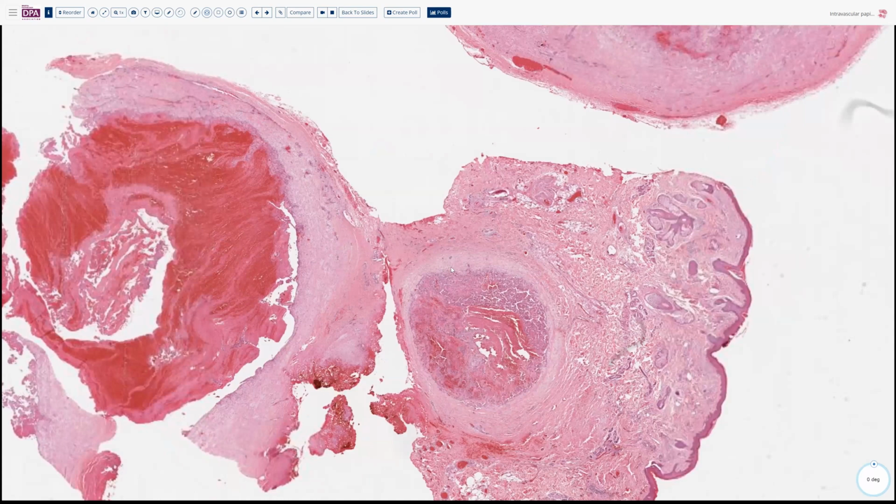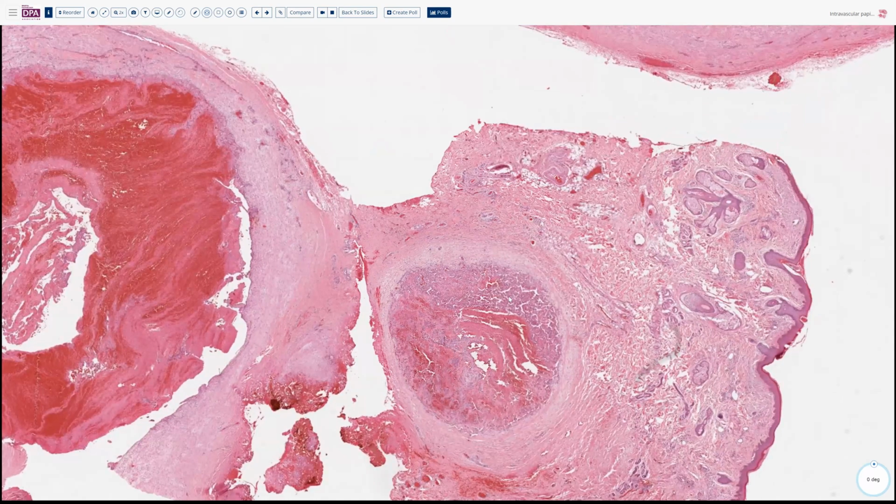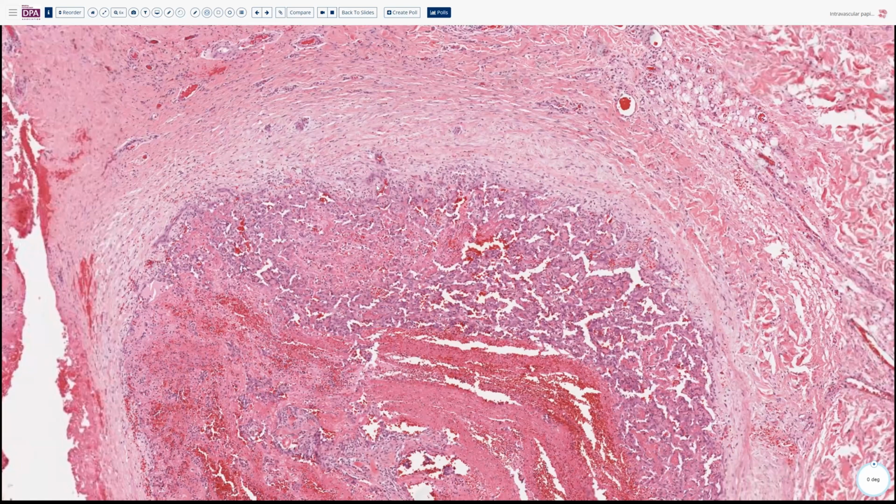But then in this particular area here, you've got this nice pronounced vascular proliferation with a lot of papillarity and variably sized spaces, along with these areas of fibrin and blood and so forth. So not a problem if you see the big ectatic vessel and hematoma, you're going to recognize this. But if you just have a biopsy of something like this, it can be sometimes a little bit challenging.